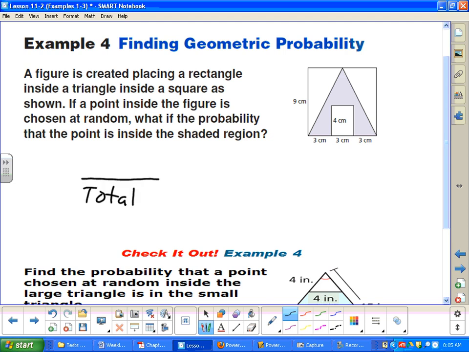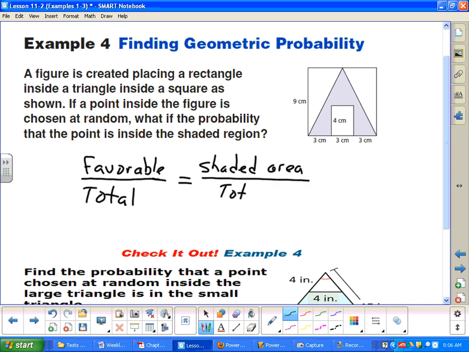In other words, when we're talking about a geometric figure, the total is the area of the whole thing. And when we're talking about favorable, then we're talking about just the area of the shaded portion. So shaded area over the total area is what's going to give us that probability.